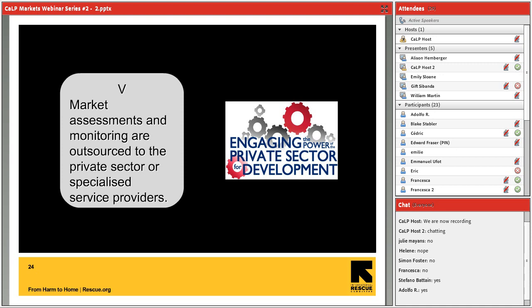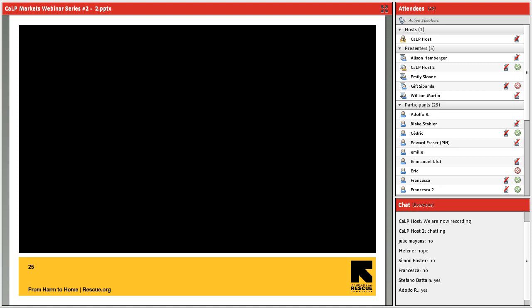Obviously this can help us to avoid data collection in the first place, or just to hone our data collection so that we're filling in gaps rather than feeling like we have to do everything ourselves. One good example comes from Save the Children in the Philippines during the Haiyan response, where Save determined that the data that ACAPS had compiled on markets was sufficient to support a response analysis process. And in the end, they decided they didn't need to do a market assessment at all. That obviously saved them a lot of time, and that was a legitimate decision in that context.